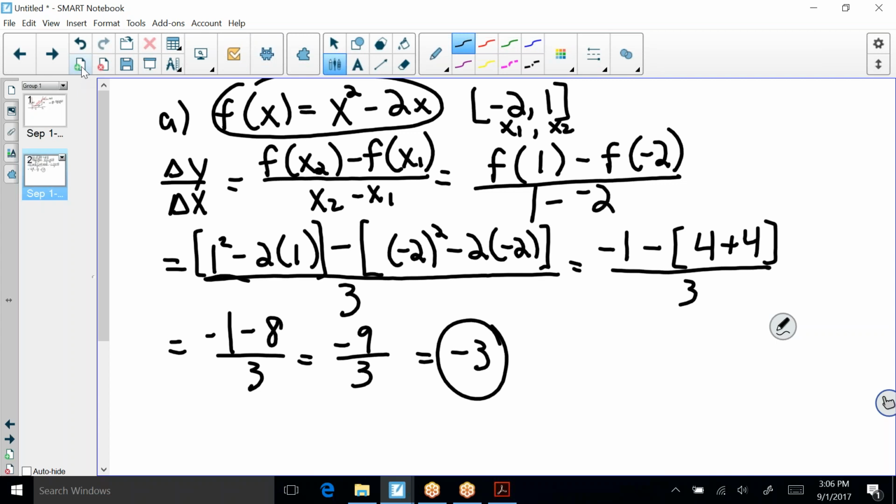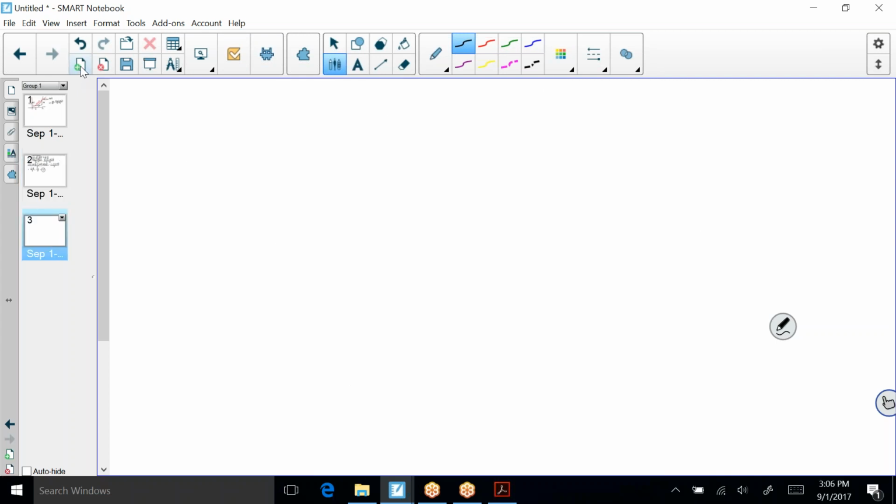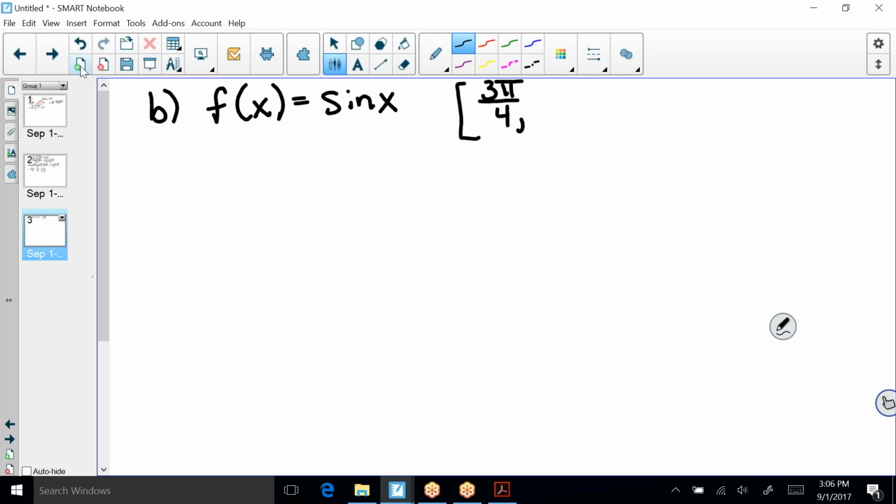All right, then let's look at example B. And this one says f of x is equal to the sine of x. And now we're looking at the interval from 3 pi over 4 to 4 pi over 3.